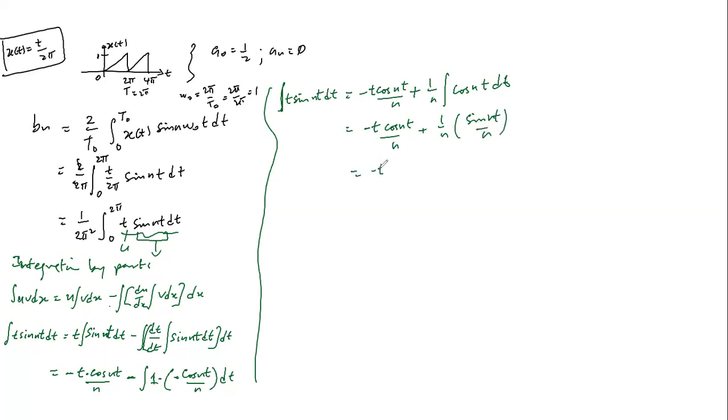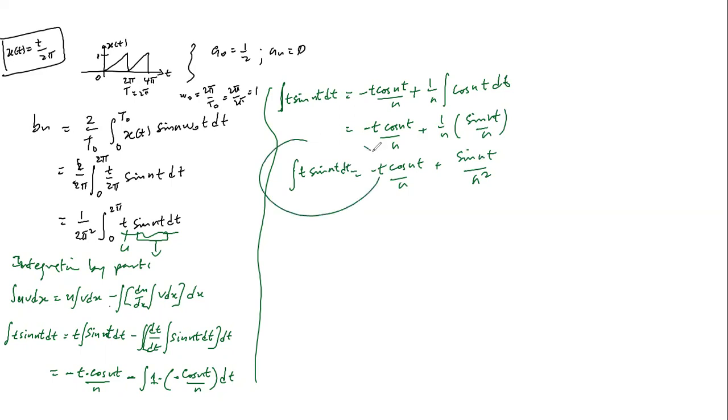So this will be minus t cos nt over n plus sine nt divided by n squared. Okay? So that is the integration of t sine nt dt.